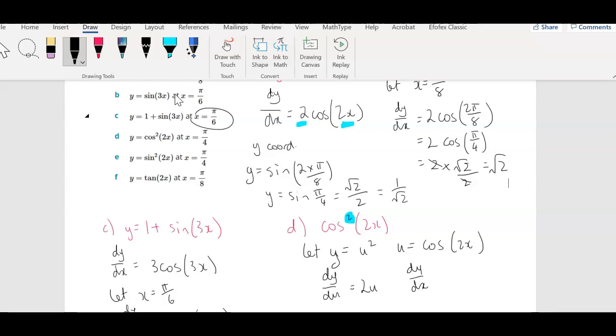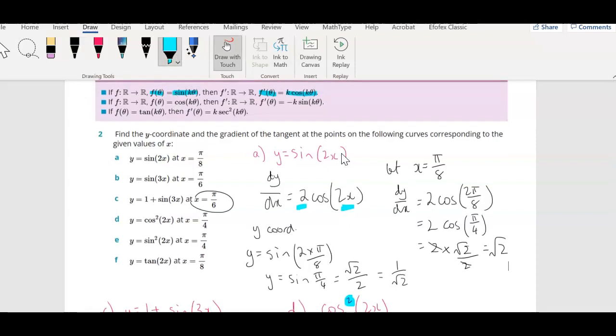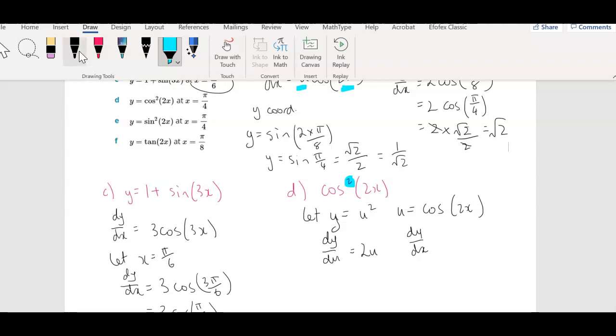All right, so the derivative of cos 2x, if we just go up here, you can see we've got cos k theta. So the derivative is negative k sine k theta. So this one here, the derivative is negative 2 sine 2x. And I'm just going to substitute u back in. So 2 cos 2x.